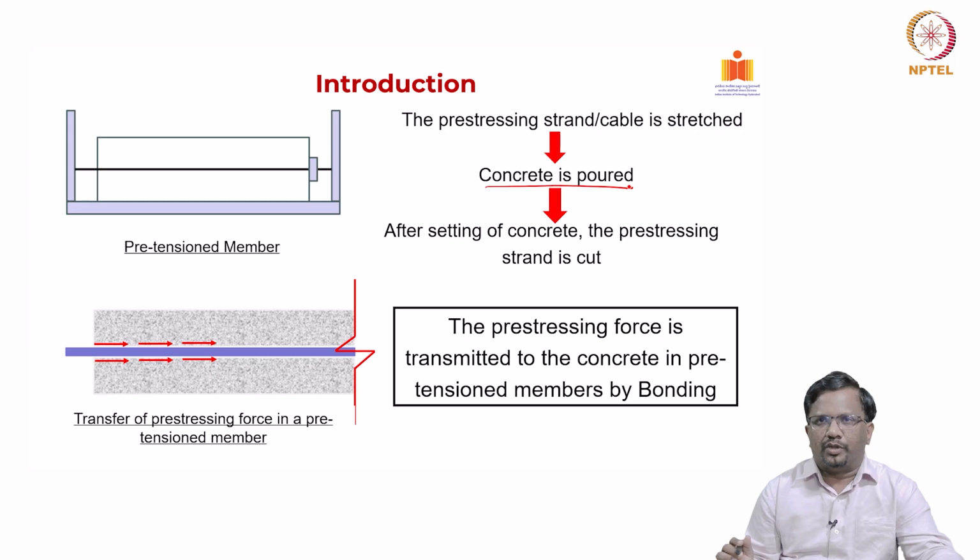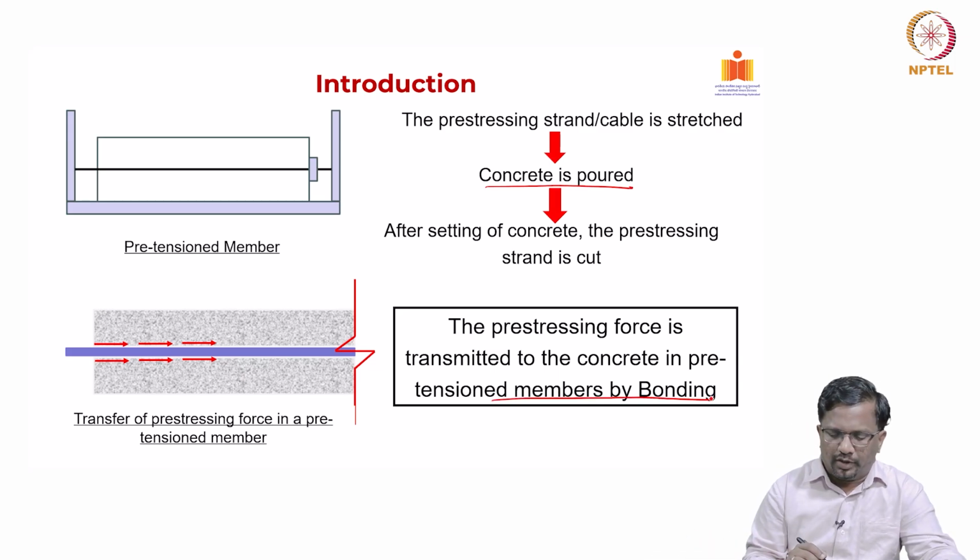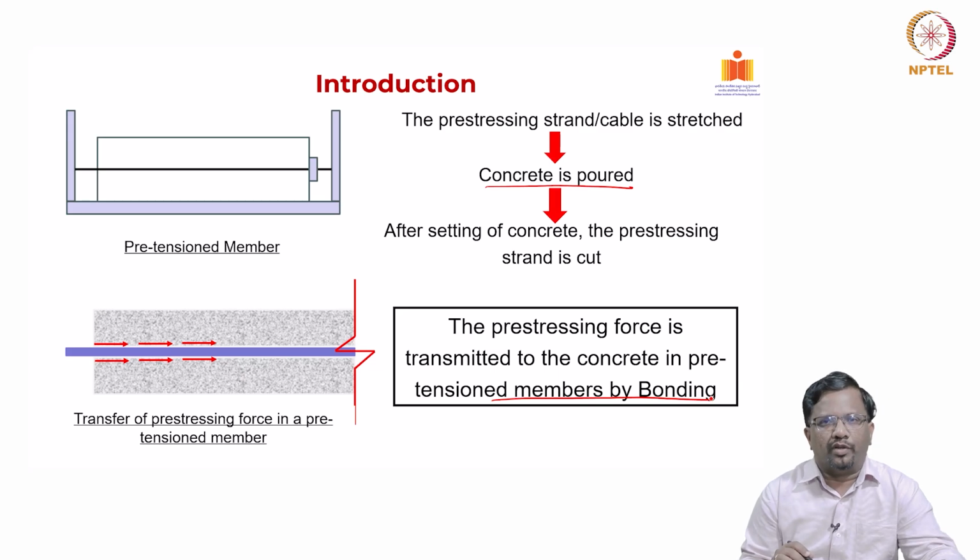The prestressing force is transferred to the concrete by means of bonding. So, you can see here bond stresses, they will develop at the interface of the prestressing strand and the concrete, and the stress will be transferred to the concrete, and it takes some distance before the prestressing steel develops its effective prestress. Okay.